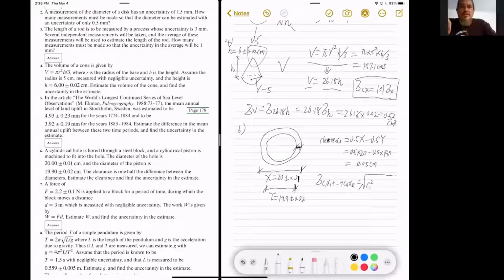So in this problem, sigma represents the uncertainty. Standard deviation. Yeah, uncertainty.